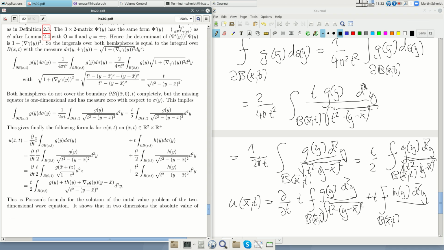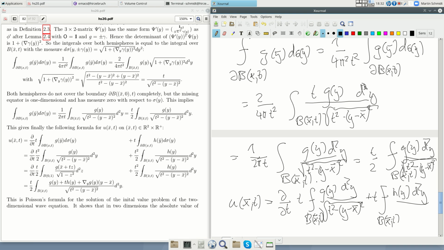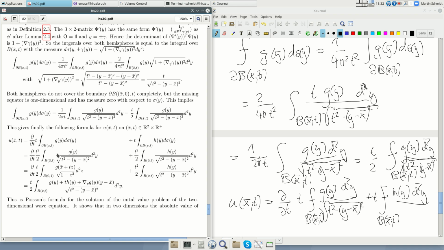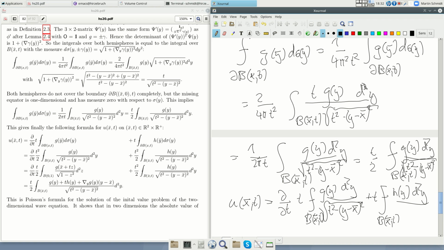So now we use these formulas to simplify these expressions. Sorry, we should first calculate, and then we get an extra factor t over 2.